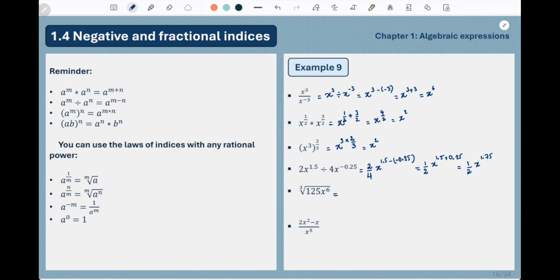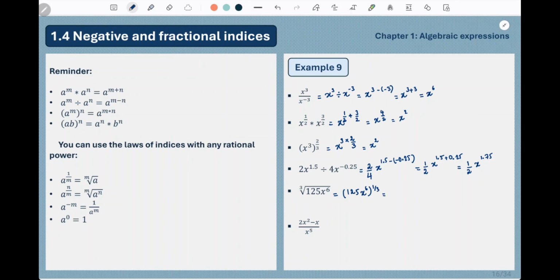So this one, which one are we going to use? First of all, I can see there is a cubic root. So I'm going to use this equality over here, so I can make it into a fractional power. So the cube root of 125 x to the power of 6, everything is under this cubic root, so it's all going to be rewritten like this.